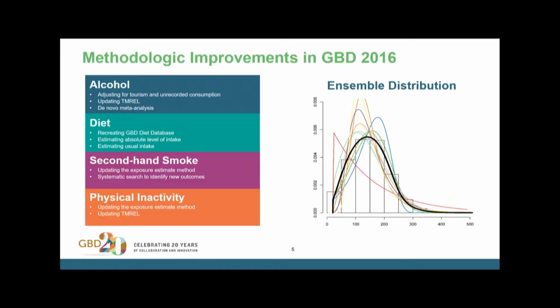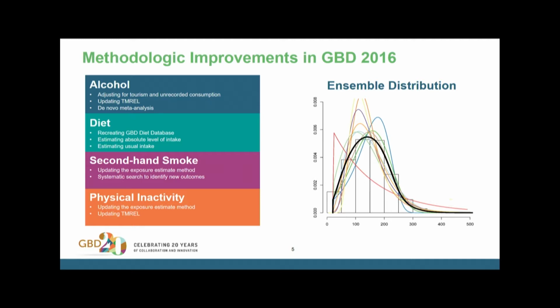In each cycle of GBD, in addition to adding more data sources to this input analysis, we are also making improvements in our estimation process. This slide summarizes some of the key methodological improvements that we have made in this cycle of GBD. For example, new methods were developed to adjust for tourism and unrecorded consumption of alcohol. For dietary risk, we recreated the GBD diet database and standardized the definition of the dietary risk factor across different sources.